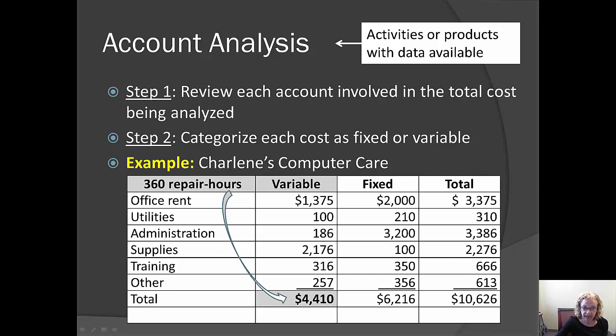We can divide that into the total variable cost, and that will tell us that on average during this period it cost Charlene's Computer Care $12.25 per repair hour. So now we can combine that with our fixed cost, and we have a pretty good equation for predicting future costs within Charlene's relevant range.